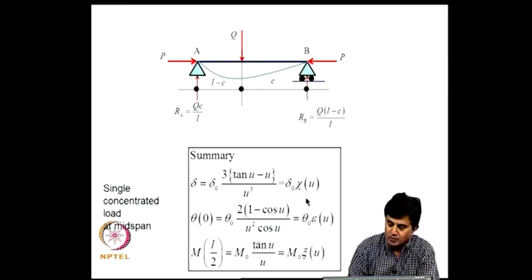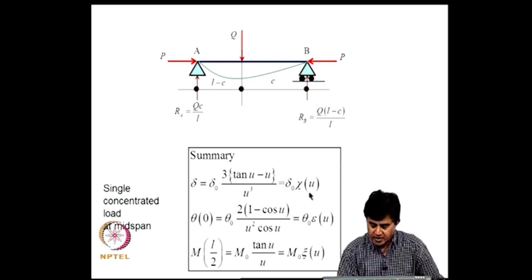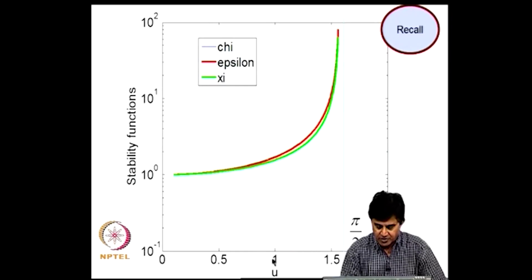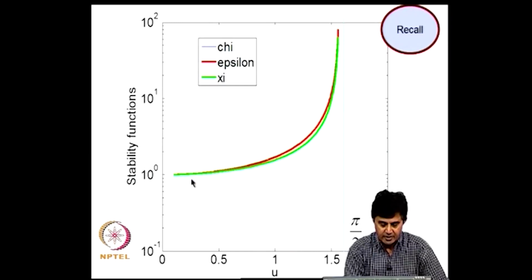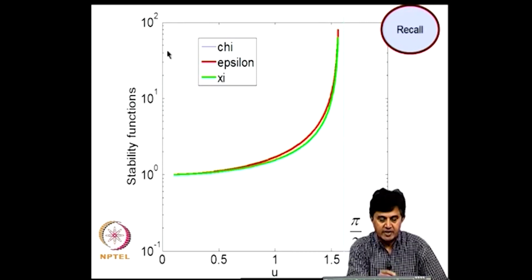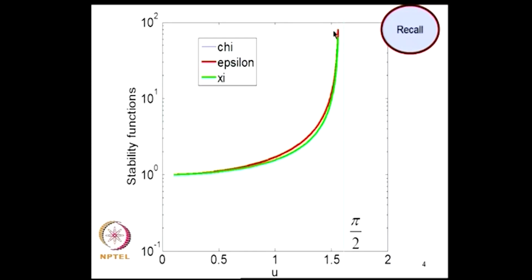The u is a load parameter, a function of p, and these functions chi of u, epsilon of u and xi of u are known as stability functions, and their behavior as a function of u is shown here. What is interesting is that as u approaches the value of pi by 2, this magnification factor becomes unbounded.